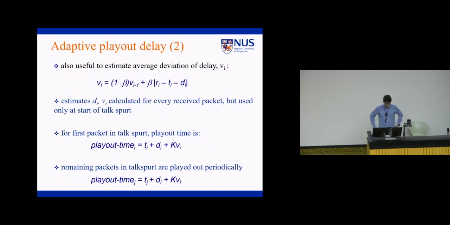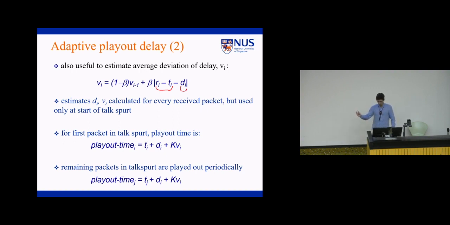So to do that, we also estimate the average deviation of delay, vi. And we have a similar approach here. If you remember, Ri minus Ti was the measured delay of my current packet. Ri is the time when I receive it, and Ti is the time it was sent. So Ri minus Ti gives me the instantaneous delay of the current packet. And Di was my delay estimate.